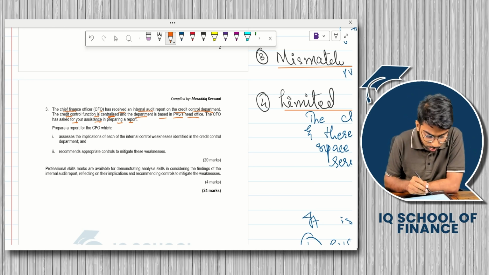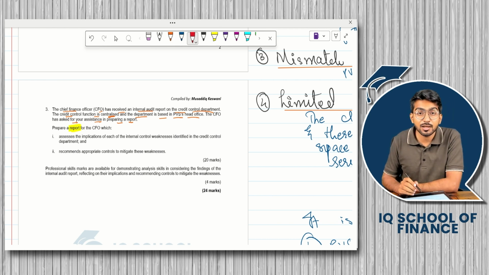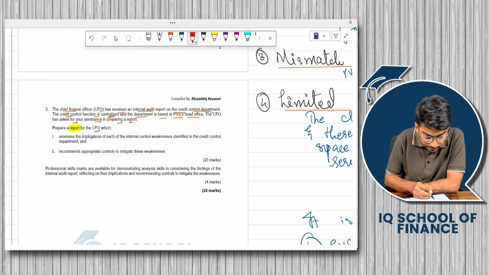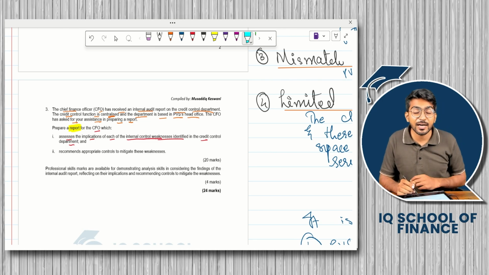What kind of report? Prepare a report, and we know how important the format of the answer is for our professional marks, which, number one, assesses the implication of each of the internal control weaknesses identified in the credit control department. So we don't need to identify any of the control weaknesses. They are already identified in the internal audit report and presented to us.